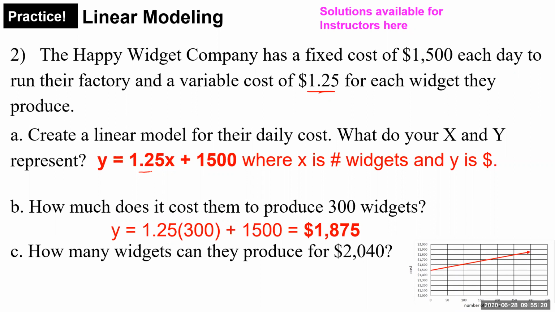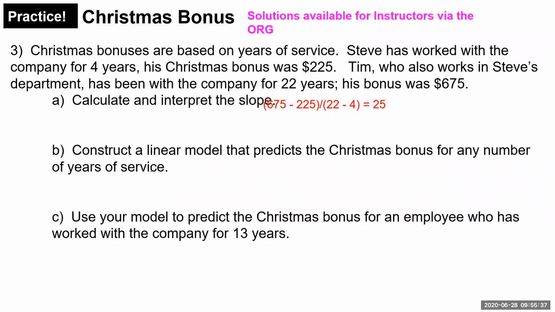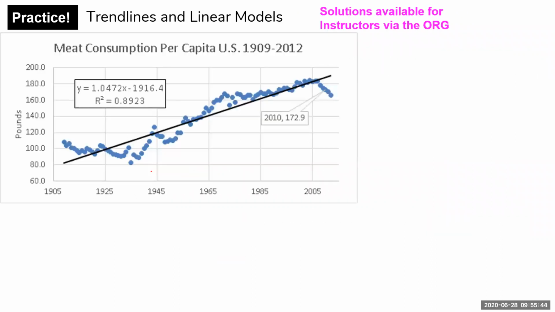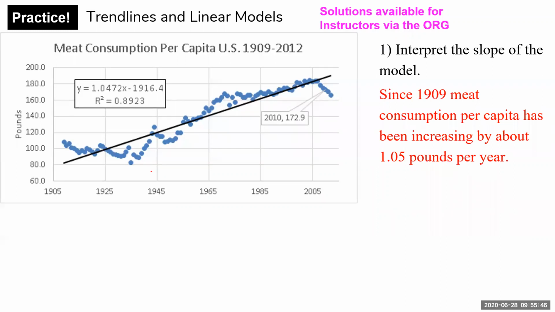Now, how much will it cost to produce 300 widgets? And it will cost 1,875. How many widgets? You want to find x, okay? And that is 432. Okay, so basically, this is how you go about this example.